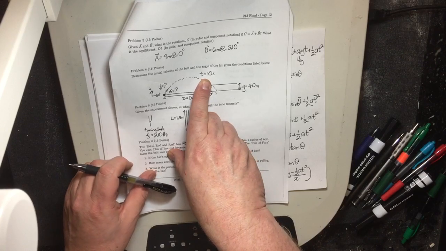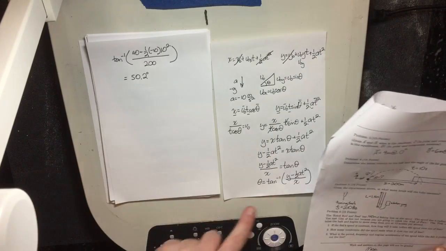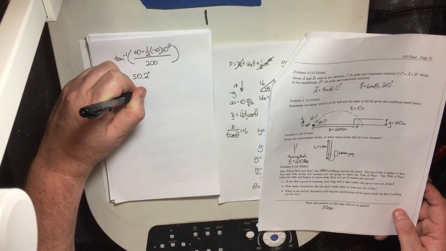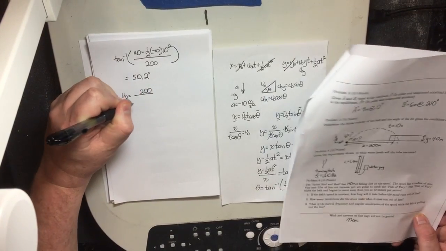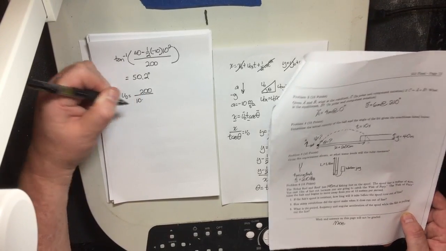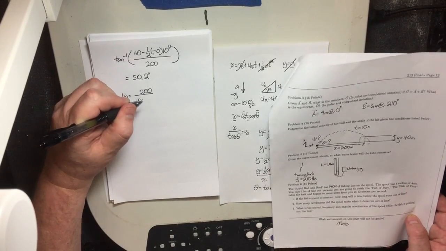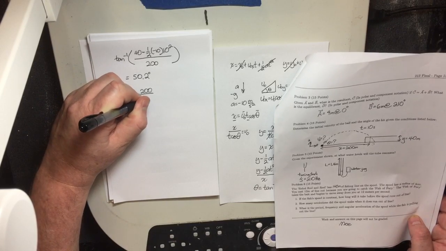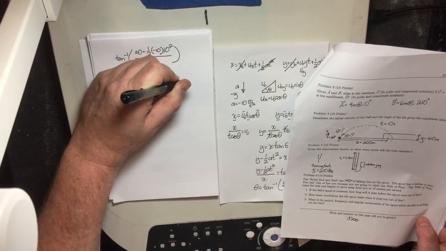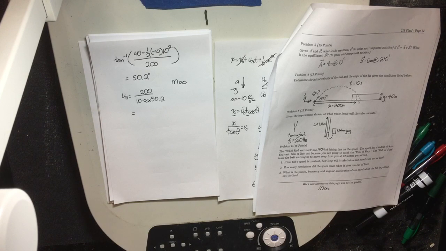So with that being 10 seconds, it doesn't change the solution or the algebra at all. So v naught is x, 200, over t, times one over cosine of 50.2.